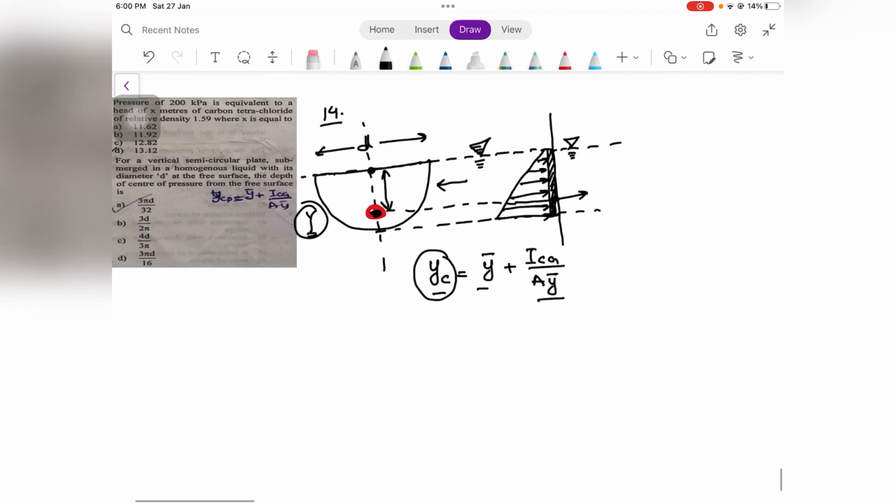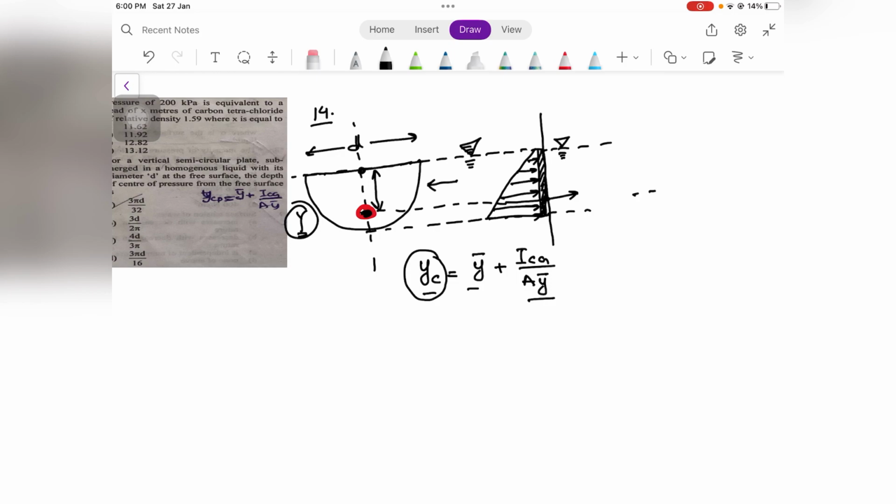Suppose the plate is not vertical and is inclined, and this is the center of pressure, and this is the free surface, then YC would mean this distance from the free surface, the distance of the center of pressure from the free surface along the plane of the plate.